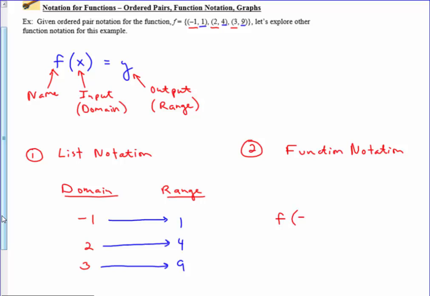The x value of -1 is assigned to the y value of 1. Function name is f. The x value of 2 is assigned to the y value of 4. Function named f has an x element of 3. The 3 is assigned to 9. So this is very specific function notation.